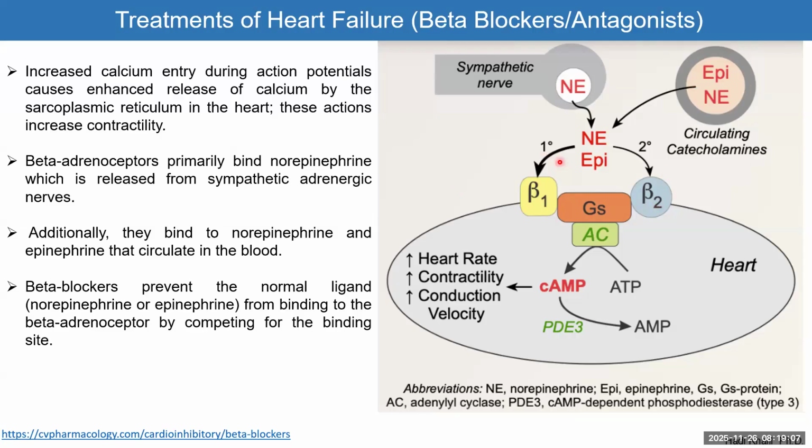So the beta blockers that you hear about in the clinic are in principle blocking the binding, and therefore beta 1 and beta 2 are not going to signal through the adenylyl cyclase. There will be no cyclic AMP, and therefore all those effects are downregulated and the heart goes back to normal.